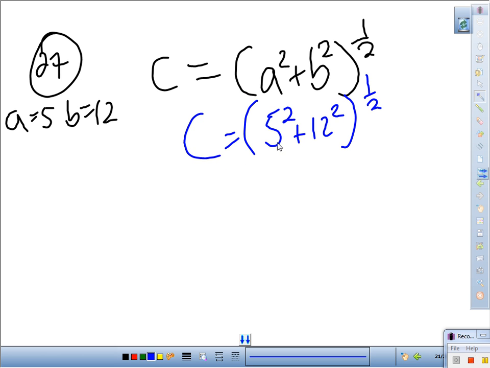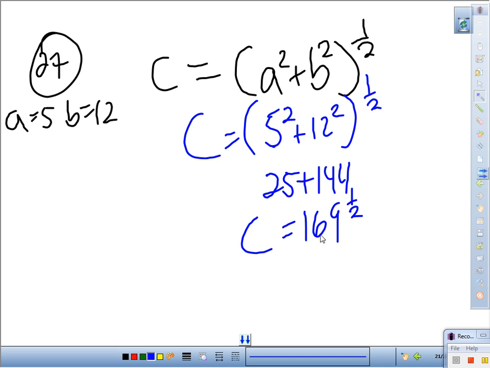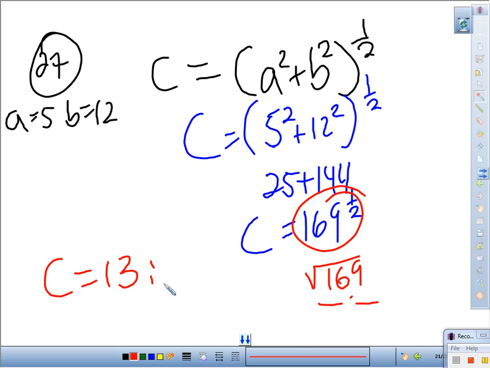We do everything in the parentheses. What is 5 squared? 25. 12 squared? 144. What is this? 169. Bring down the power. Do we know how to change that? Yes. That becomes what? Square root of 169. What number times itself gives us 169? C equals 13 inches.